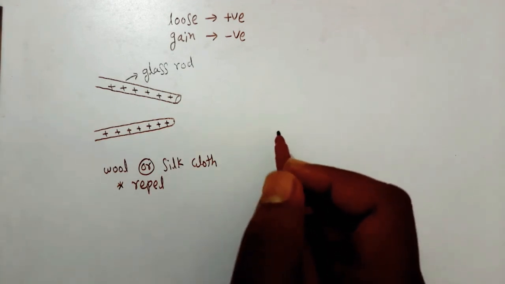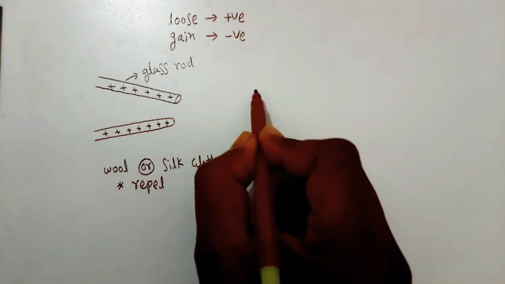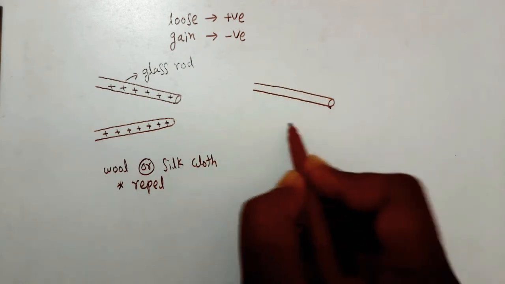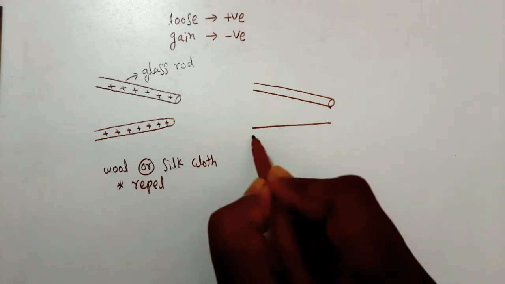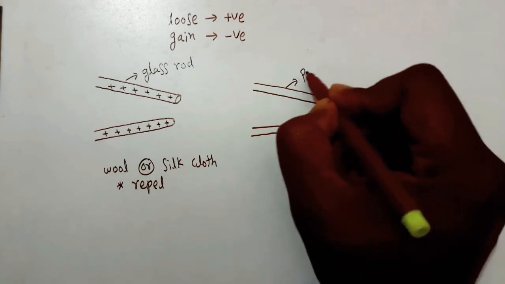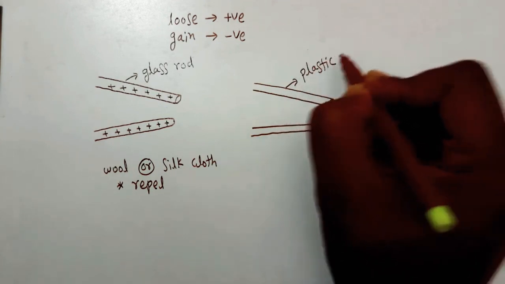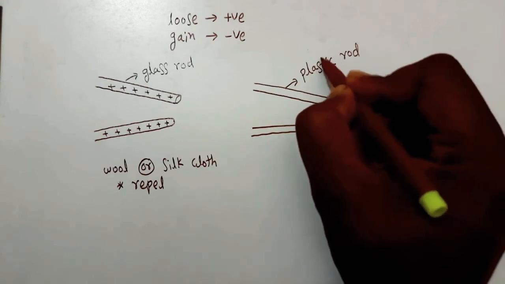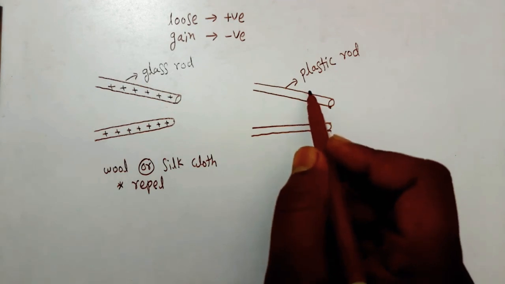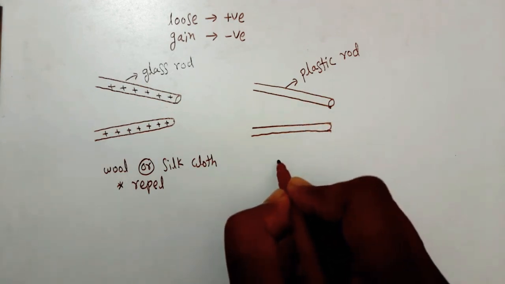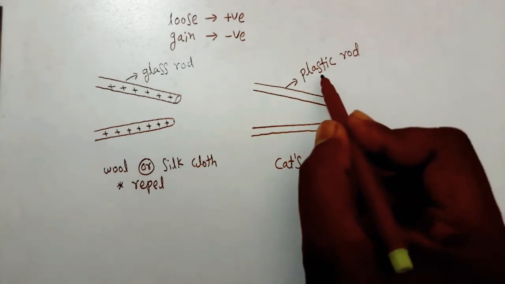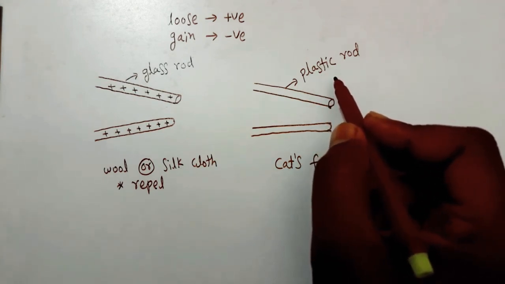Here I am taking two plastic rods. So these are plastic rods. If two plastic rods are rubbed with cat's fur, the plastic rod gets negative charge.